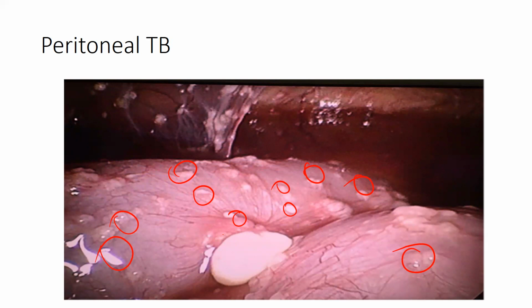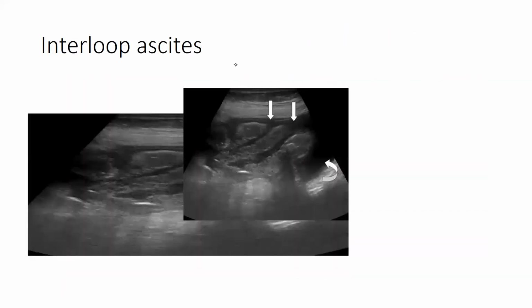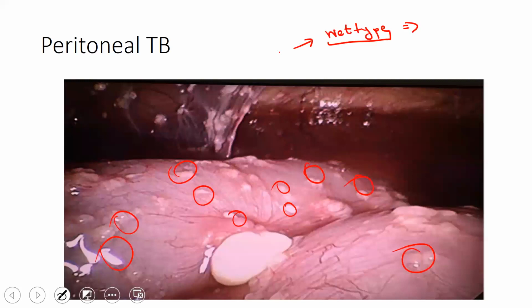Peritoneal tuberculosis also occurs in 3 forms. One is the wet type. Patients with the wet type of peritoneal tuberculosis mainly present with ascites. I'll repeat all these things once again, just first have a basic idea.